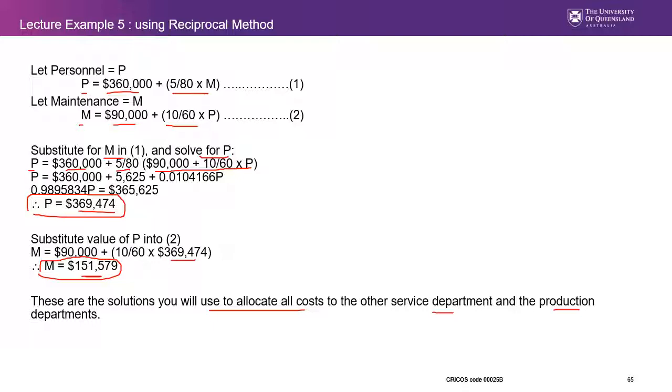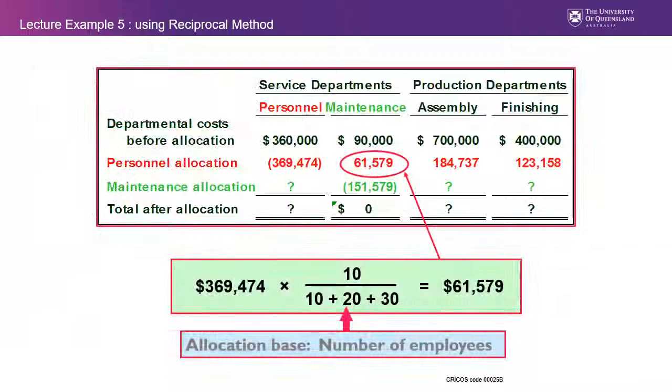So this is substituted in here, here, and we solve for P, and we get 369,000, and then that is substituted in to your M equation, this P here, and we solve for the maintenance department costs.